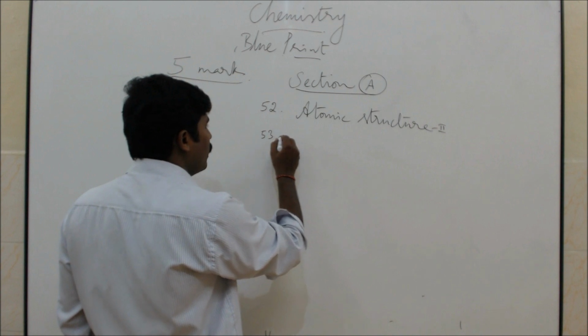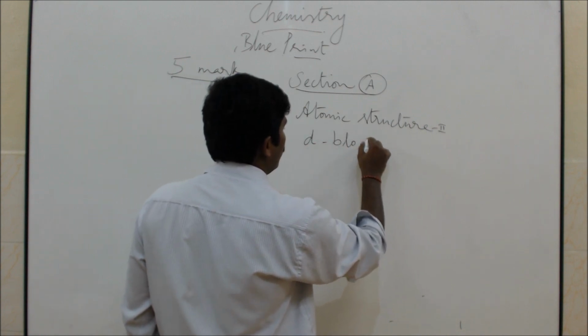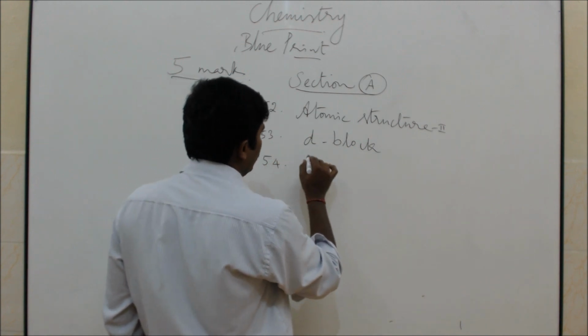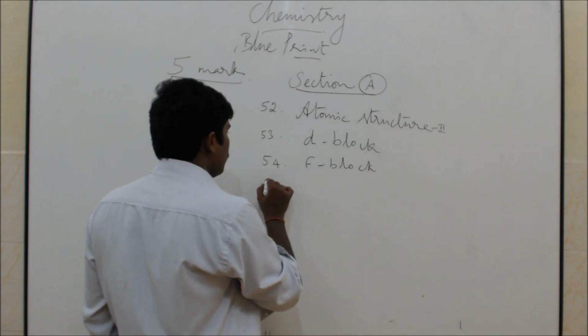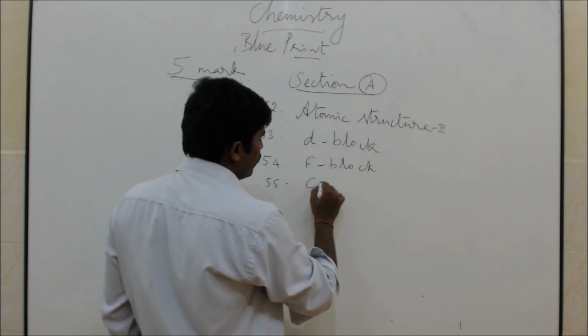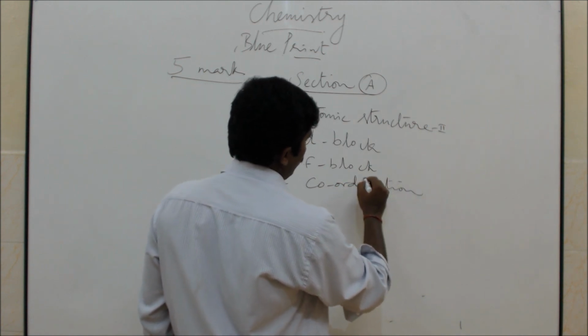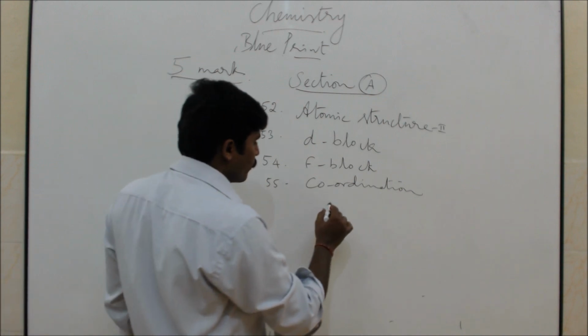Question number 53 goes to D block elements, only the extraction part. Question number 54 is F block elements. Question number 55 goes to coordination compounds.